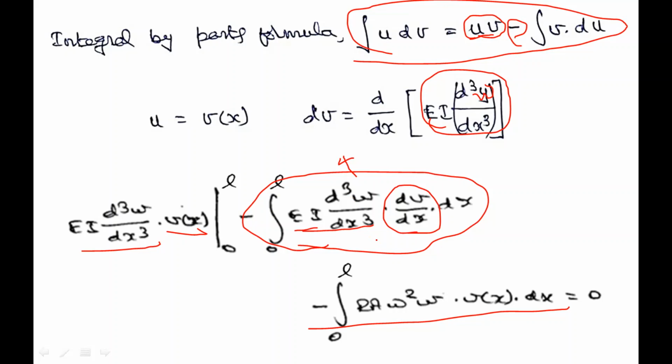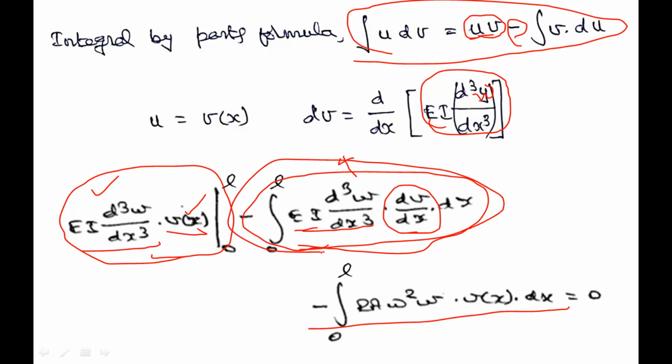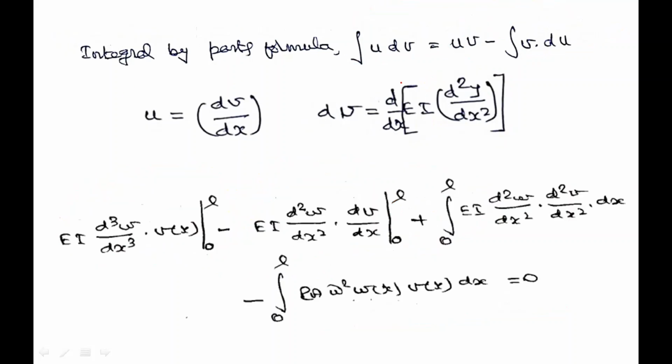Like that we can reduce the order of differentiation using integration by parts. EI d cube w by dx cube is nothing but the shear force, multiplied by the displacement, which is called the boundary term. Let us apply integration by parts again.